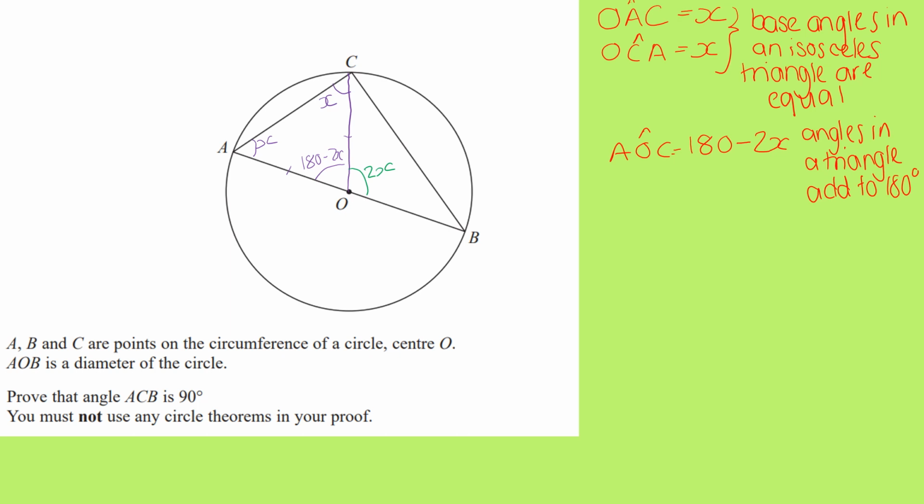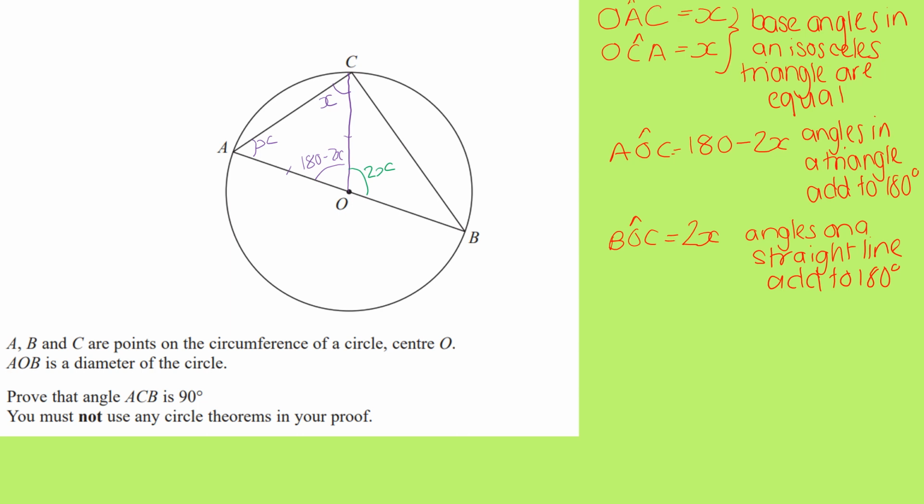So angle COB, or BOC, whichever way you want to write it, is equal to 2x, and the reason for that is angles on a straight line add to 180 degrees. So I'm stating my rule each time.